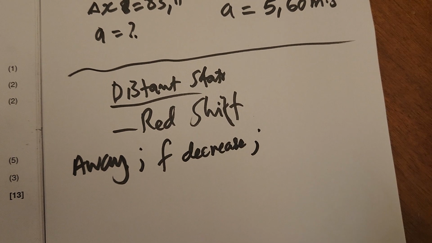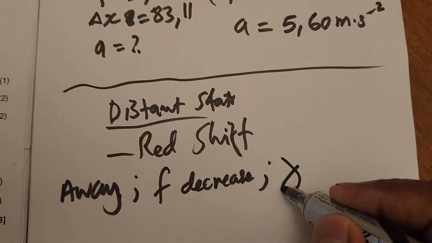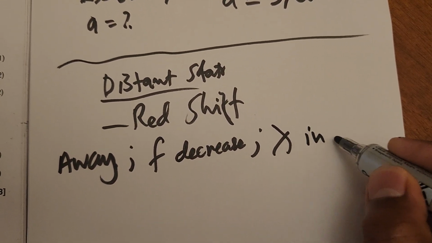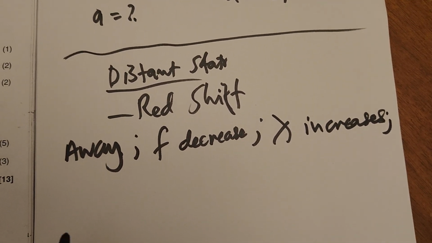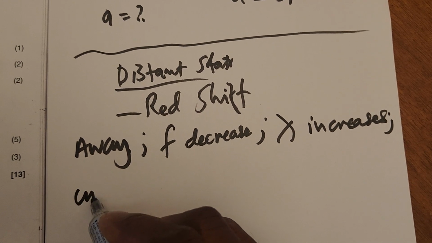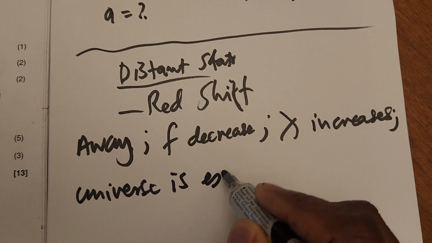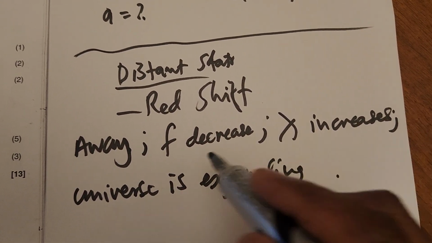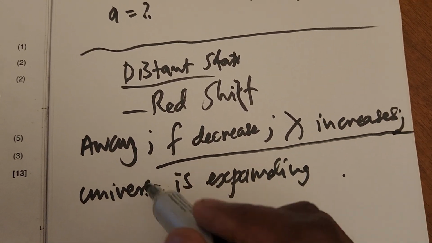When the frequency decreases, what happens to the wavelength of those waves? Then the wavelength will be stretched. It increases. Now, when the wavelength increases, the next part is what happens to the universe: the universe is expanding. But very important, you must know these.